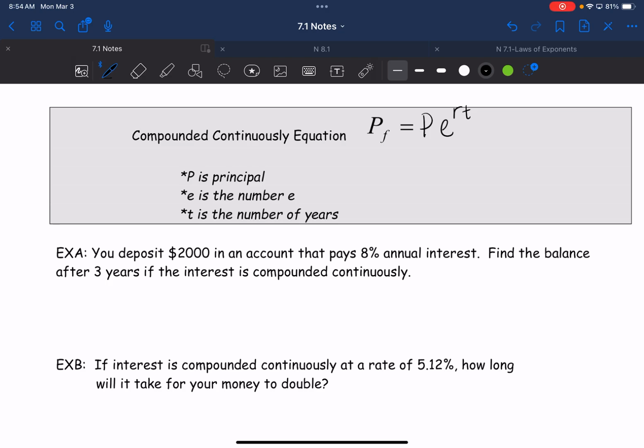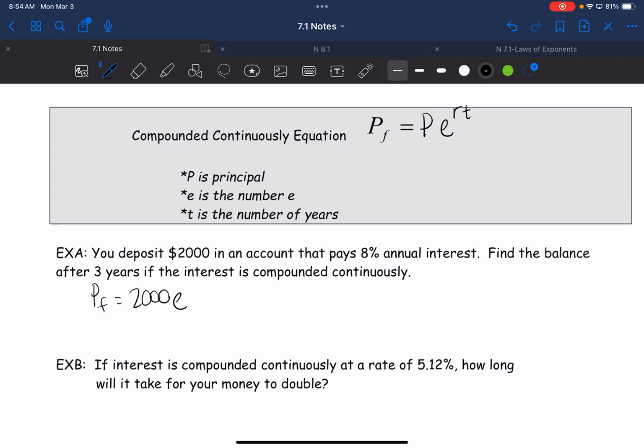So let's look at example A. It says you deposit $2,000 in an account that pays an 8% annual interest. Find the balance after 3 years if the interest is compounded continuously. All right, so we were given the principal amount or the original amount as $2,000. Okay, E, remember, is not something we're given.